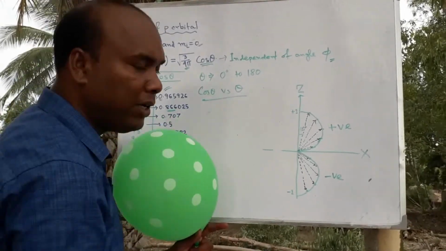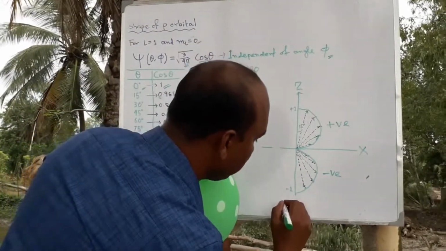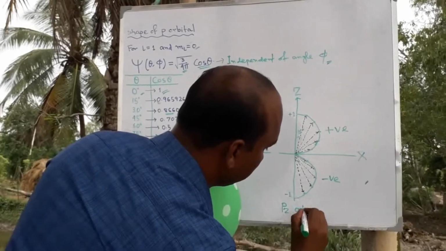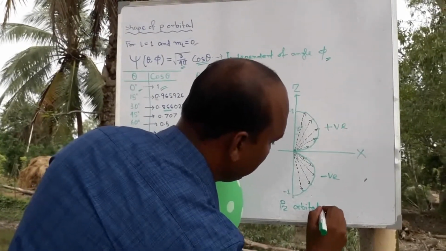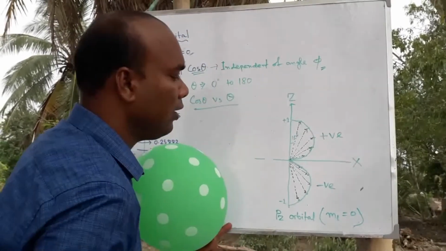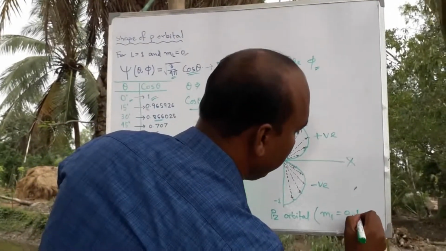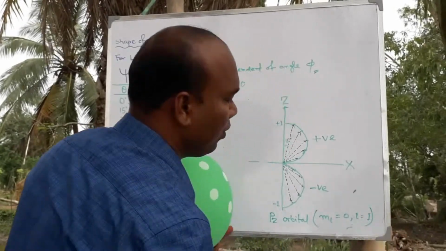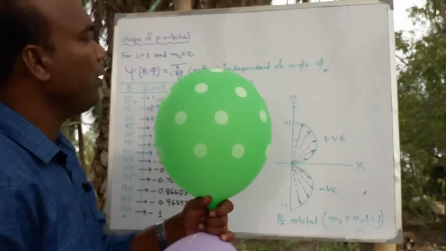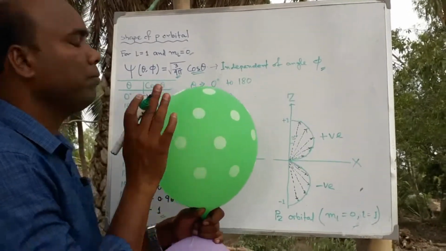So familiarly this orbital is known as pz orbital. That is, when ml value is 0 and l equal to 1, that orbital will be your pz orbital. This way we can predict the shape of pz orbital.